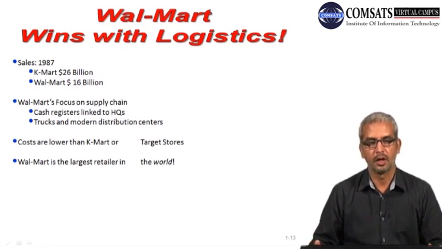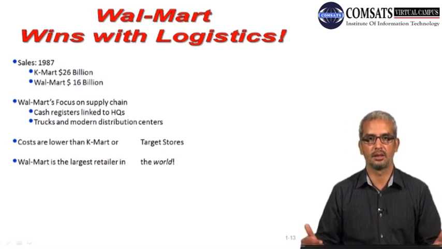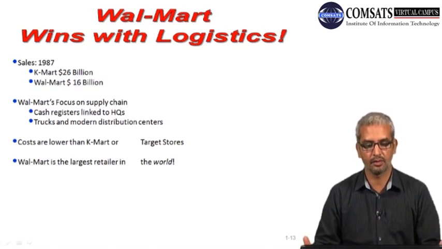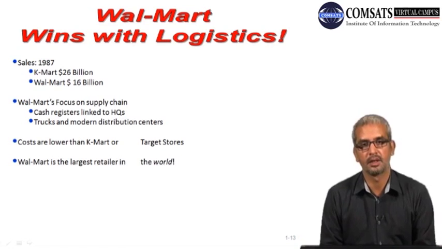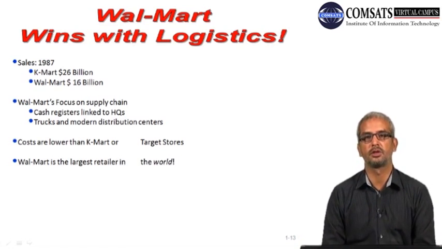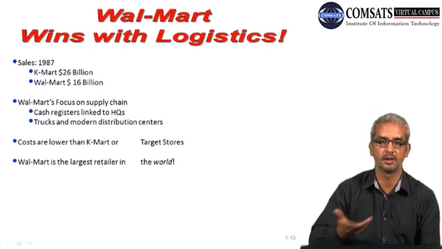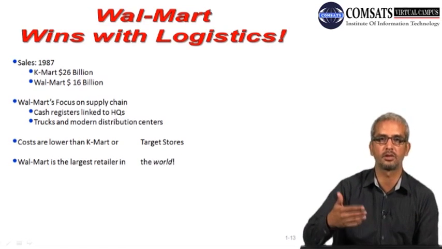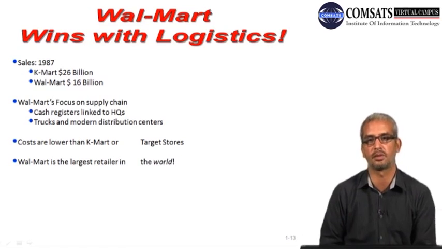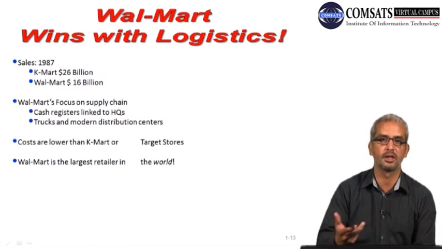The point is that they had differing philosophies. The management of Kmart was focused on marketing. When Walmart began to expand towards urban locations also, it had to face the competition from Kmart. Their philosophies were different.